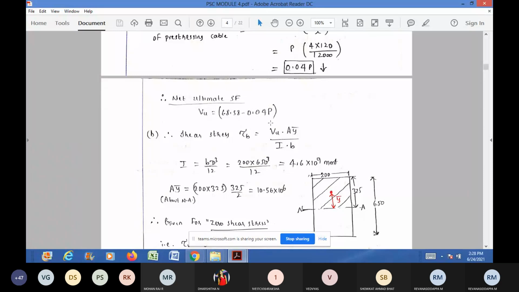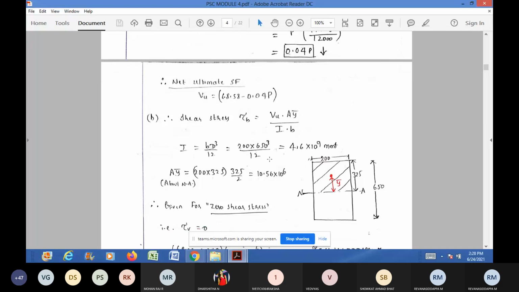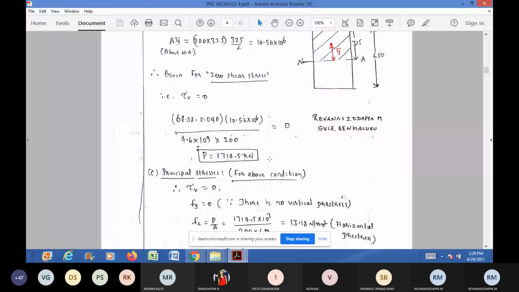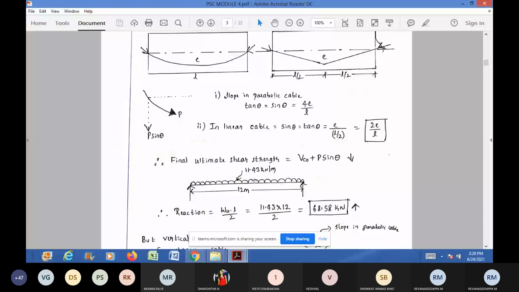So at support, what is the shear force we need to find? You all know how to find the shear force. For that, you write the diagram. Write this diagram, students.